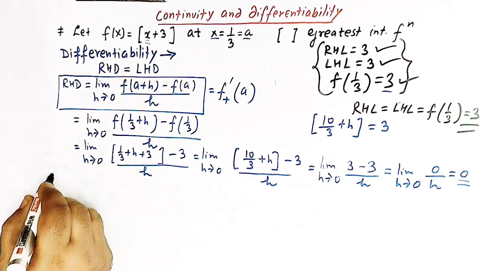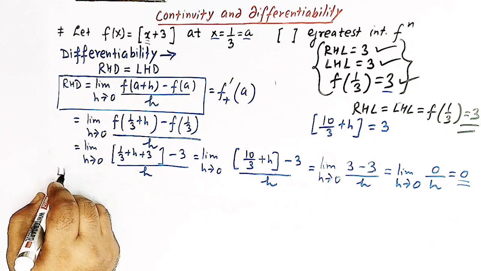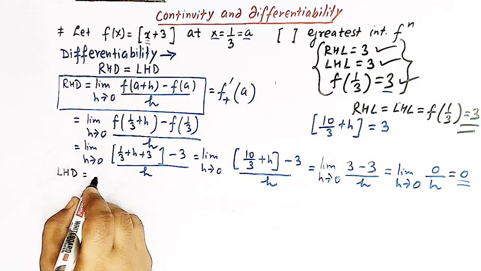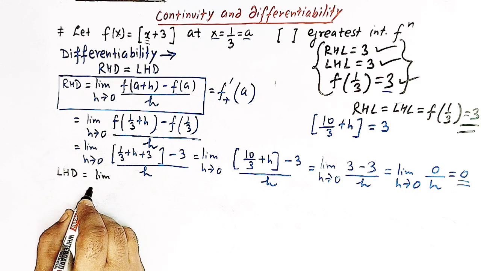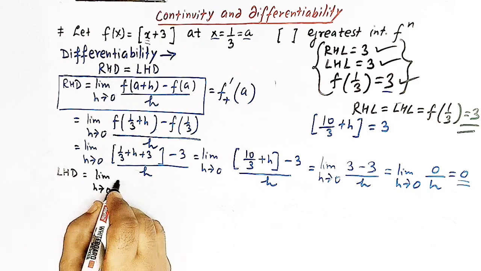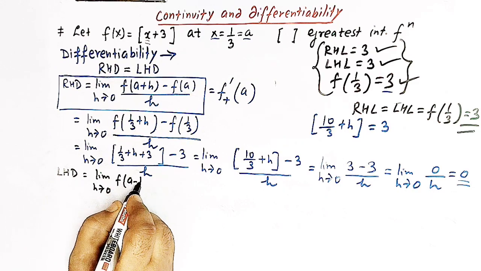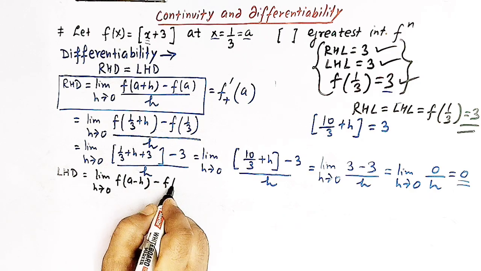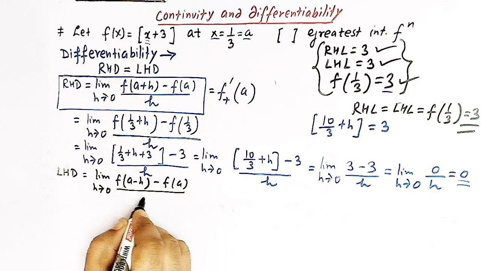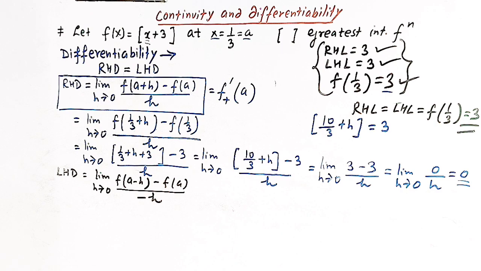So now let us calculate the left hand derivative. The left hand derivative is given by this limit h tends to 0. We have f of a minus h minus f of a, divided by minus h, right?